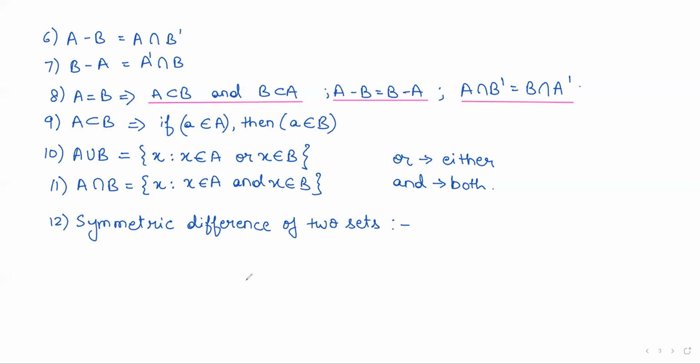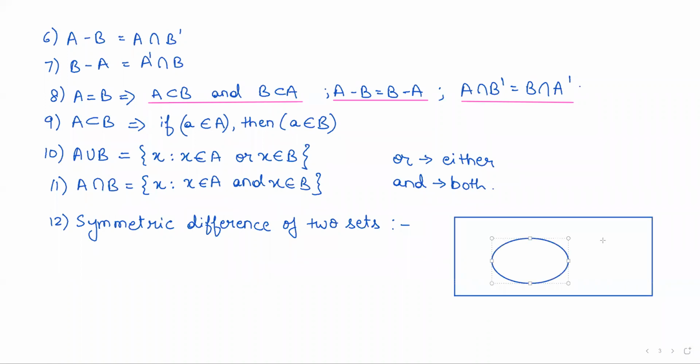Next is the symmetric difference of two sets. We already covered the symmetric difference of two sets, but we didn't name it in the last class. If you do remember, we considered two sets A and B, and if I shade this region, then we derived a formula for this in the last class.